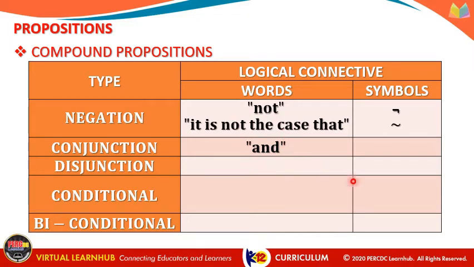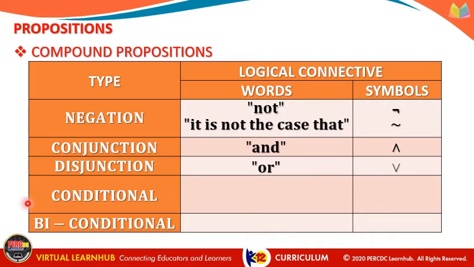As for the symbol used for conjunction, we have this one. Next, we have disjunction. In order to create a disjunction or to notice if what you have is a disjunction, we have the word or. So if you want to make a disjunction, get two propositions and connect them with the word or. The symbol used for disjunction is this one.